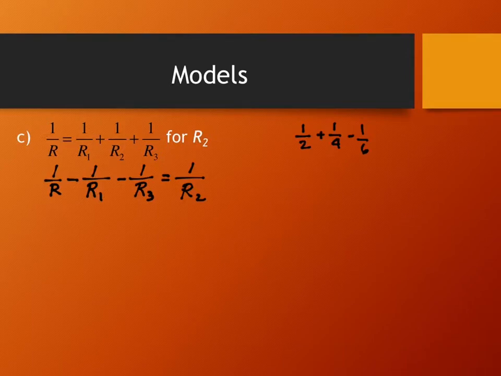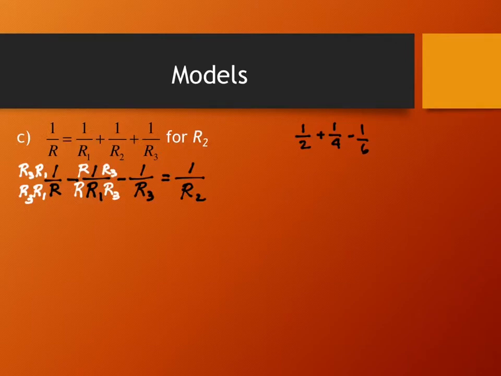Right now, unfortunately, all the letters are going to feel like they're running together a little bit because I've got an R and an R1 and an R3, and I need all of them in the denominator. So I'm going to have to do an R1 and an R3 on the first fraction because they don't have those. On the second fraction, I'm going to have to do an R and an R3.